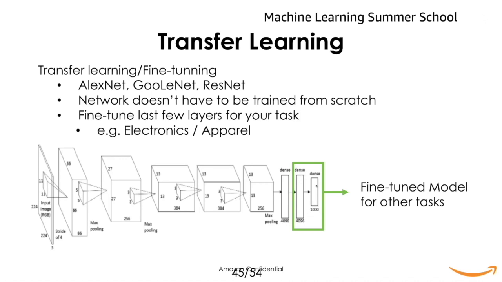Suppose AlexNet trained on ImageNet has a 1,000 dimension layer at the end, and if your classification requirement is just 500 classes, you can remove this last layer, replace it with a 500 dimensional layer, and just retrain these last few layers. This is called fine-tuning the model.